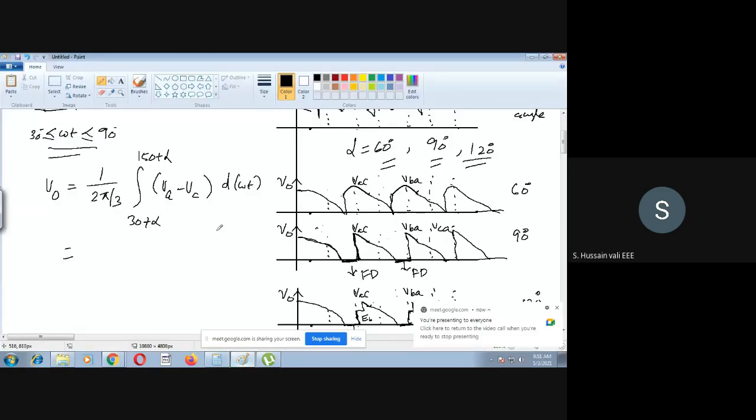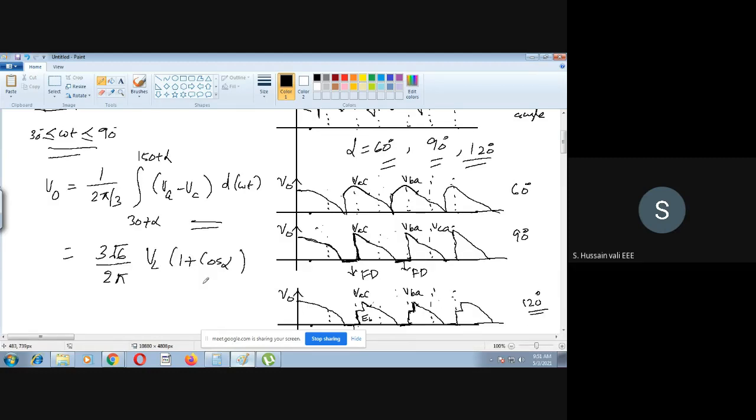It is the same equation, so you must get the same answer, like we have seen in the last class: 3 root 6 by 2 pi into VL into 1 plus cos alpha. This is a similar answer to what we got in the case of the separately excited DC motor. Just recall whether this is the same or not.